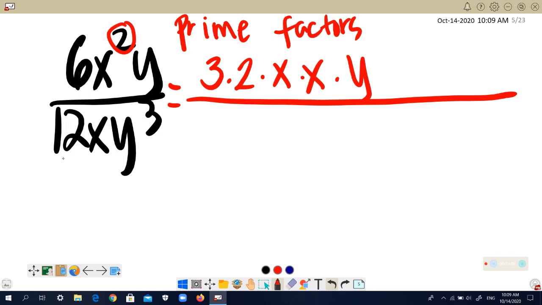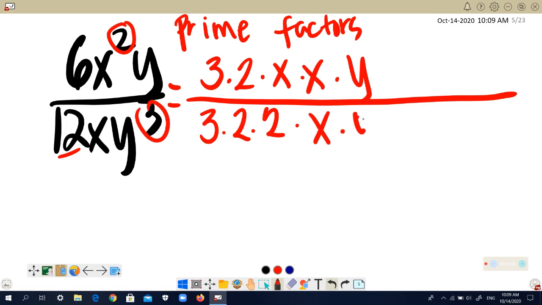All over, we have here to find the prime factors of 12. So we have here 3 times 2 times 2, so it is 12, times x times y cubed, which means y times y times y. And then, after factoring, you are going to divide out the common factors.